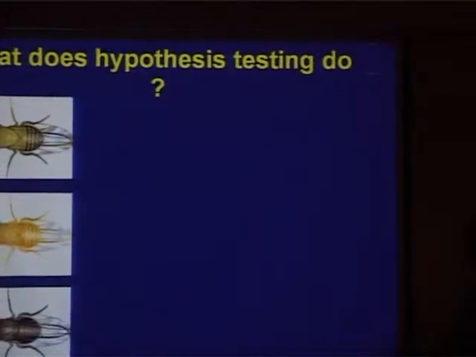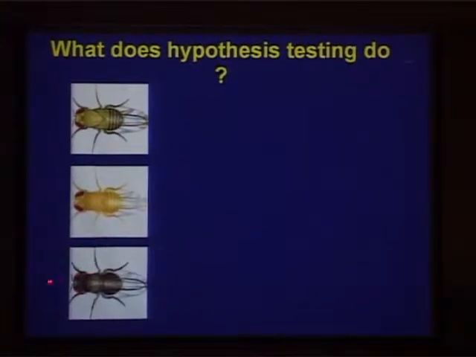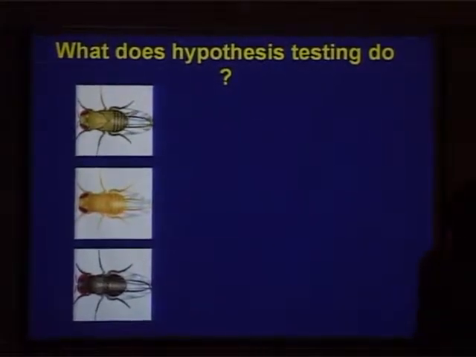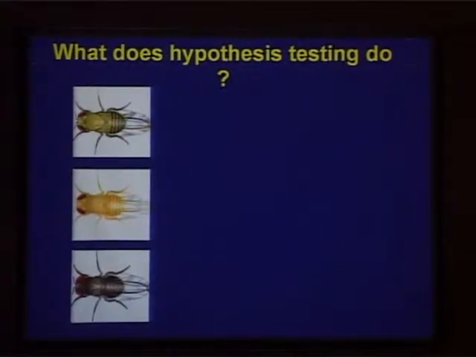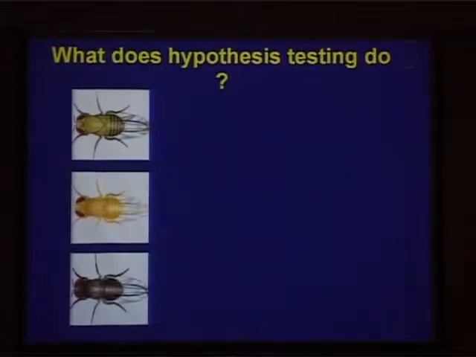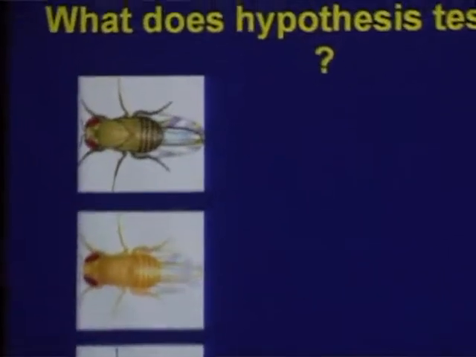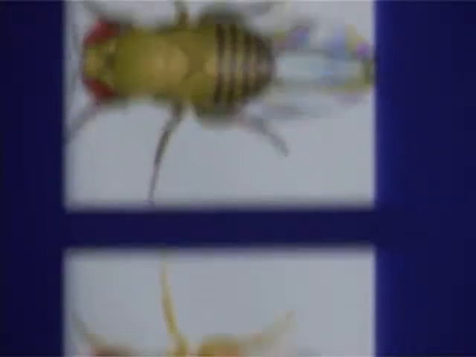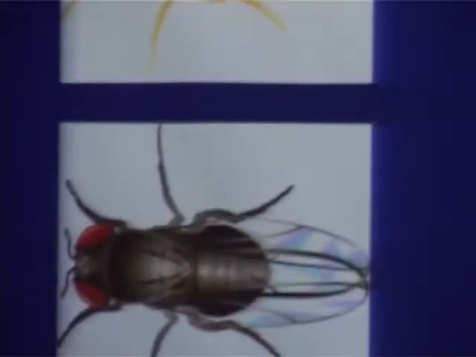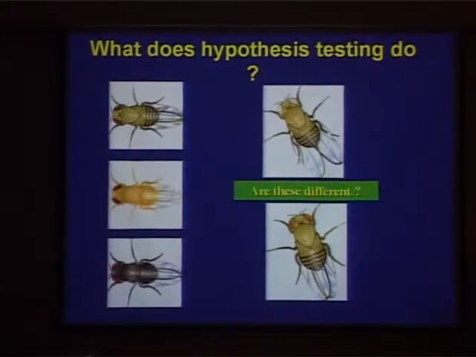There are 3 pictures here. That's A, B, and C. So are these different? Yes. So you don't need a randomized trial to say that they are different. Are these different? Yes. That's an ophthalmologist here.